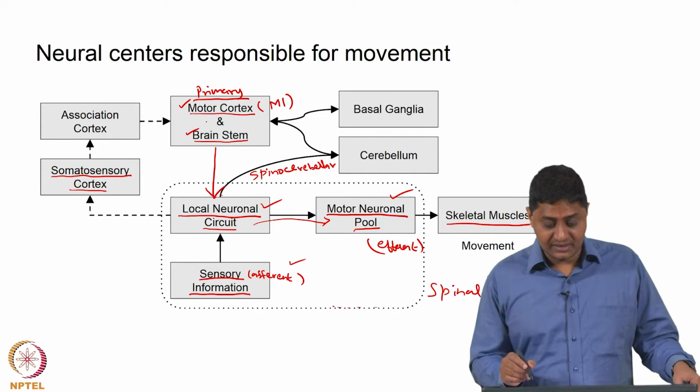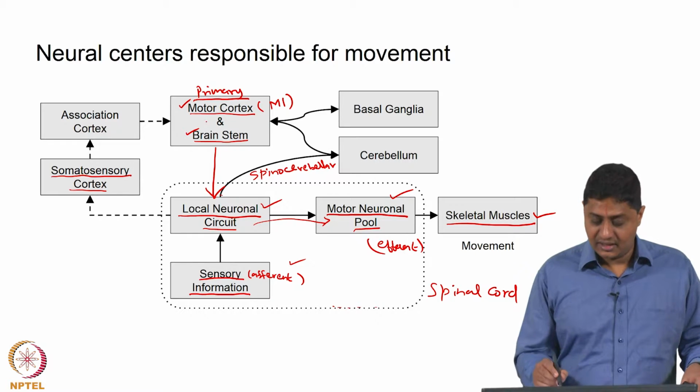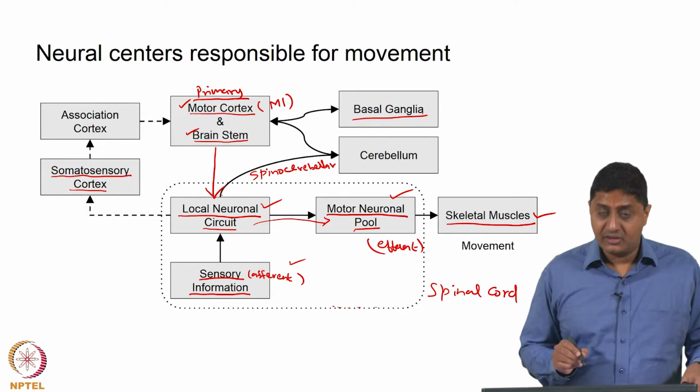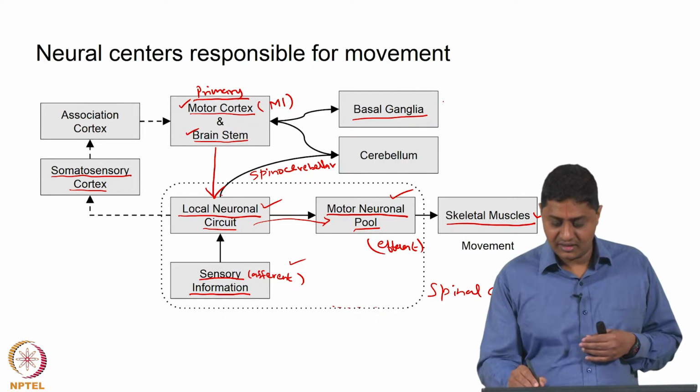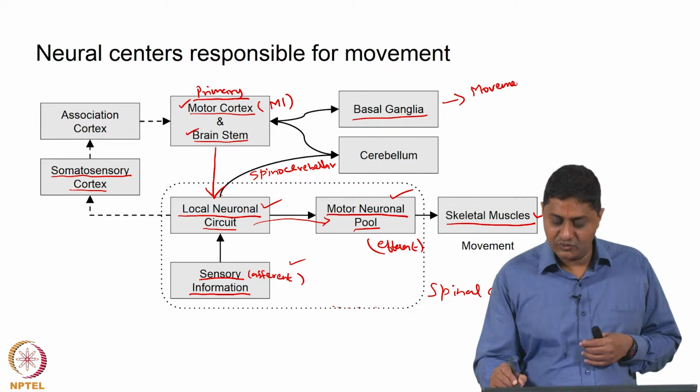And it turns out that the basal ganglia also contribute to movement. Their purpose is hypothesized to be playing a crucial role in movement selection.